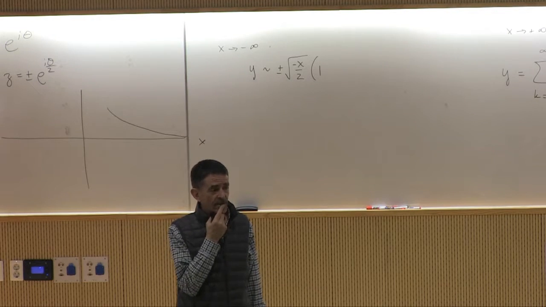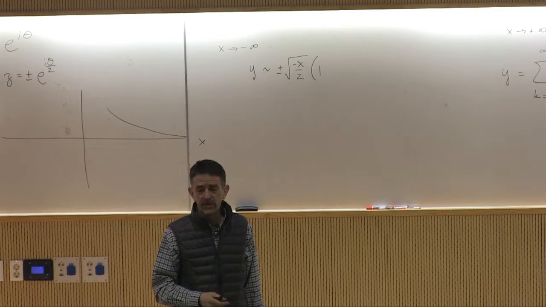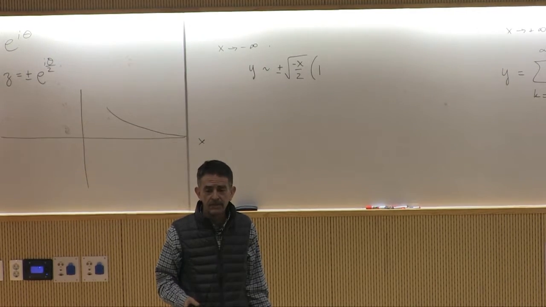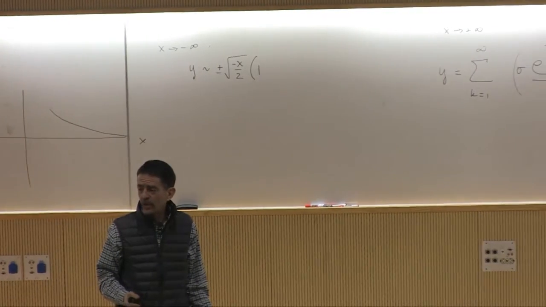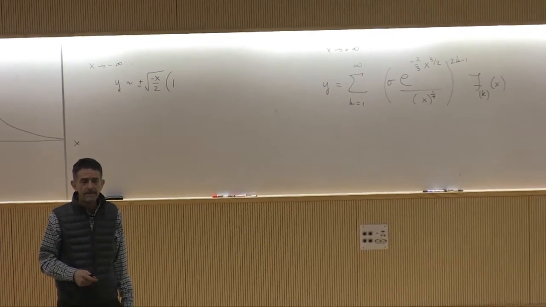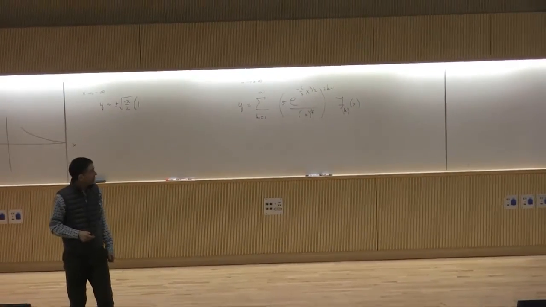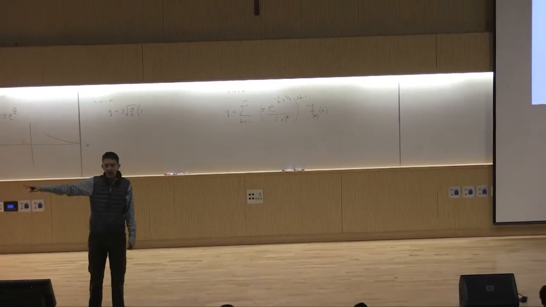Okay, so somebody please tell me what's wrong with this expression. That can't be the answer, right? There are two reasons it can't be the answer. No, this is supposed to be the behavior at minus infinity.